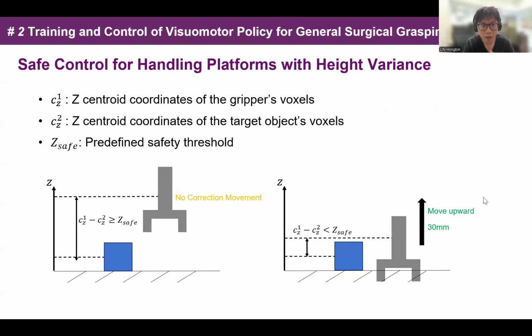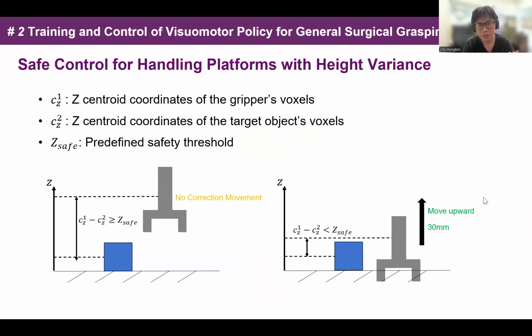But I think it's really naive. For this design, we consider the distance between the gripper and the target object, and the distance from the target object to the platform, so we can roughly estimate the distance between the gripper and the platform.